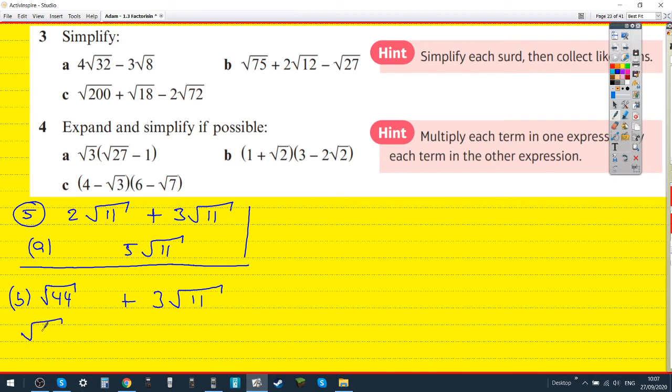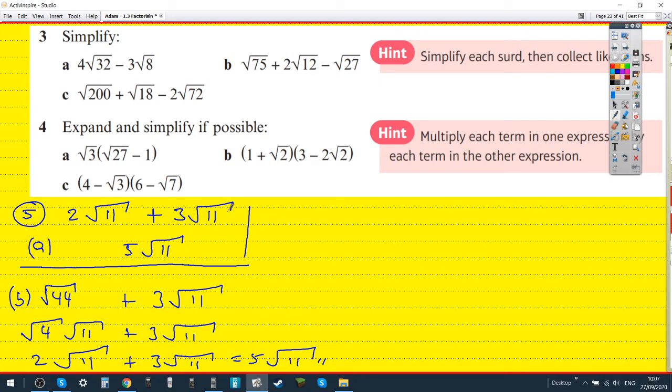So it'd be 2 root 11. It'd be 5 root 11. Yes, and so it's actually the same question. It's like adding 2x plus 3x. They have to be the same so that you can add them. If it was like x and y, you can't.